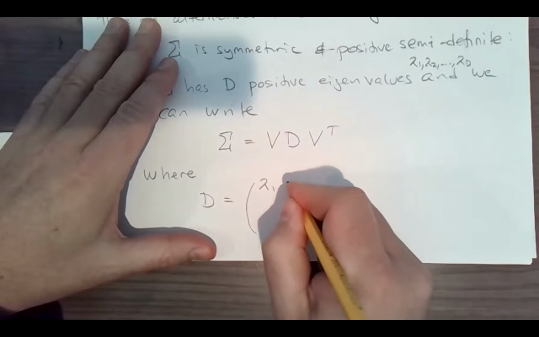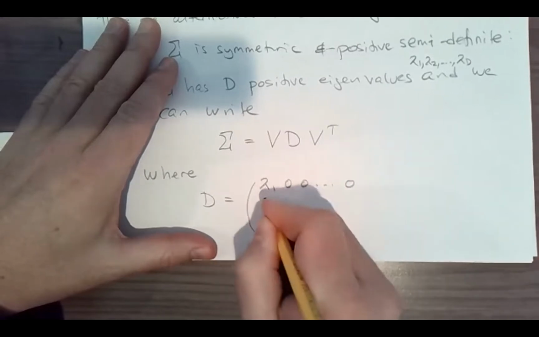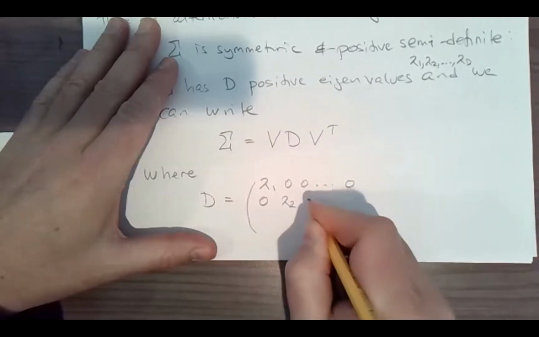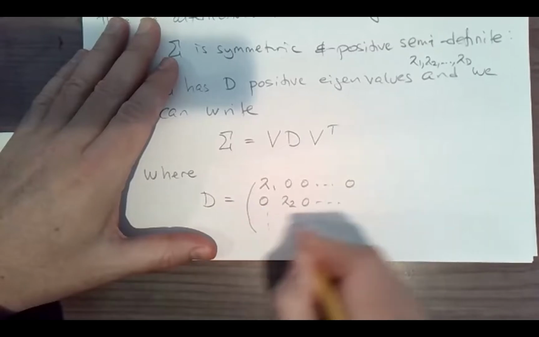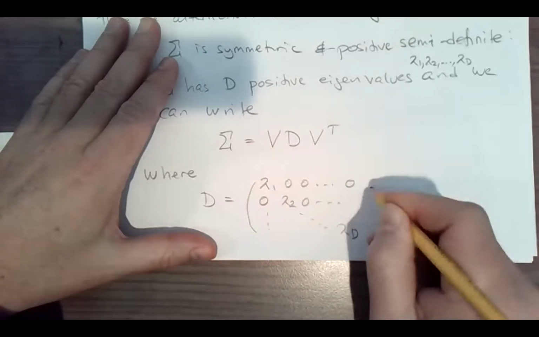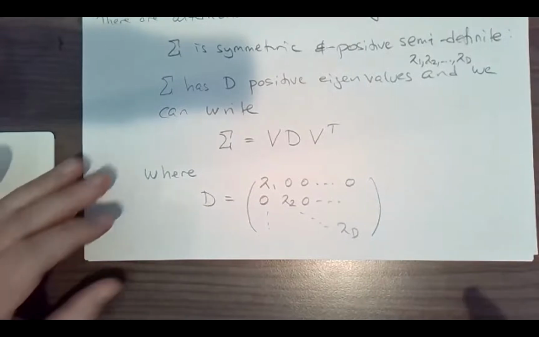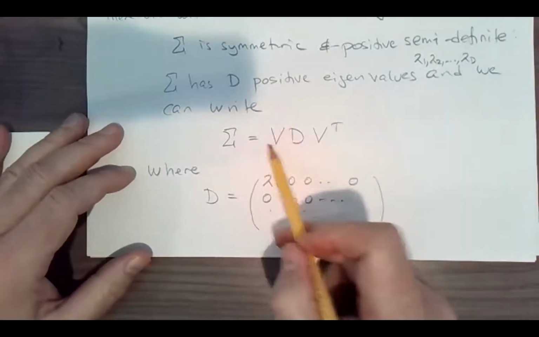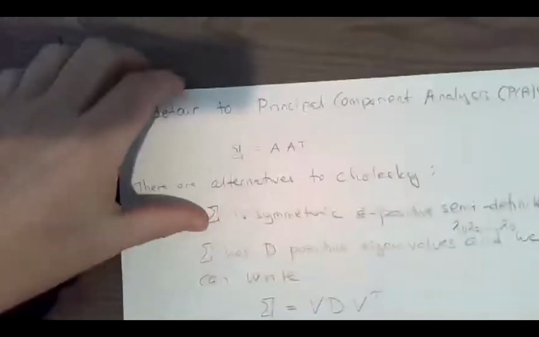So this is lambda1, 0, 0, and then 0, lambda2, zeros. So that's what D is. And then over here is where you find the eigenvectors.